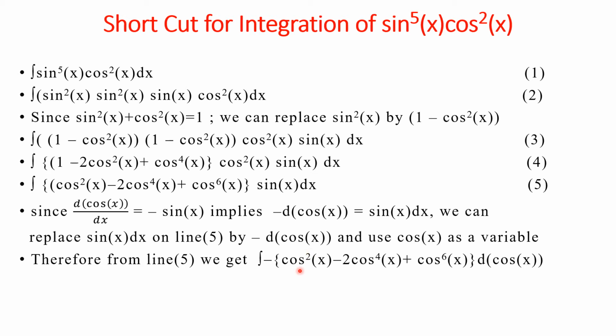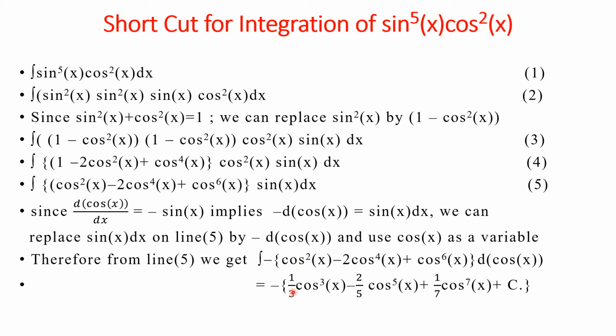If we apply that, we will treat cosine square x as a normal variable, so its integration will be 1 over 3 cosine to the power 3. We keep the negative outside.